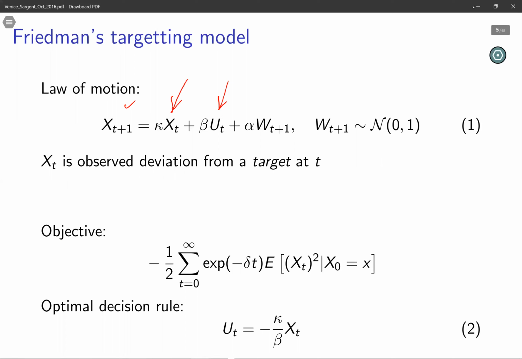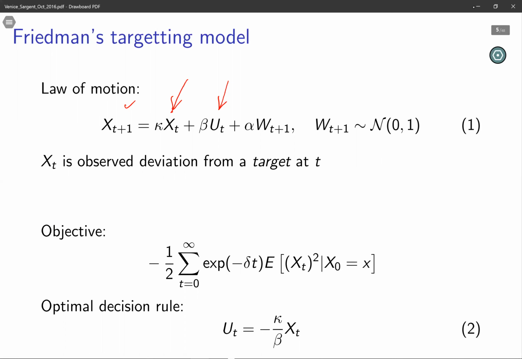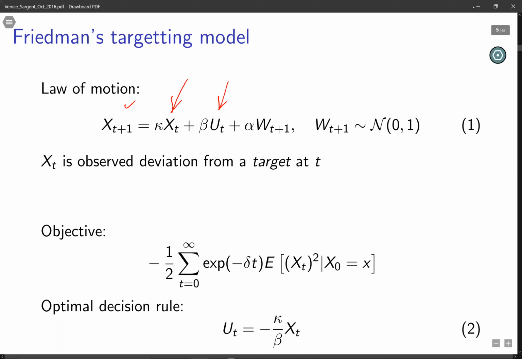And the baseline, the model that Friedman started from, was a model where everything important was known. The W is an IID shock that's impinging on next period's target with a coefficient alpha. So in this baseline model that Friedman is going to deviate from, K, beta, and alpha are all known.